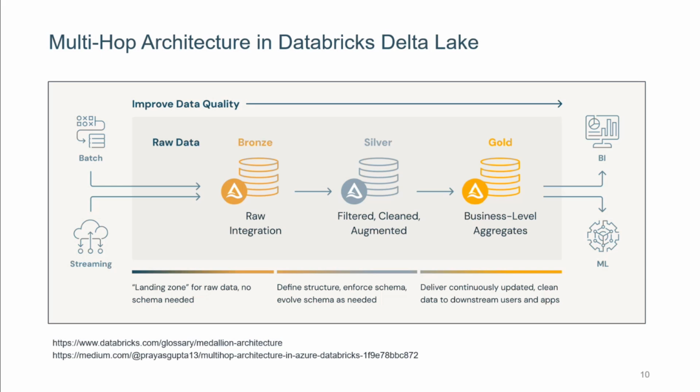So this whole concept of medallion architecture, this particular name for this, comes from Databricks. And as part of their Delta Lake, they have the concept of bronze, silver, and gold tiers.